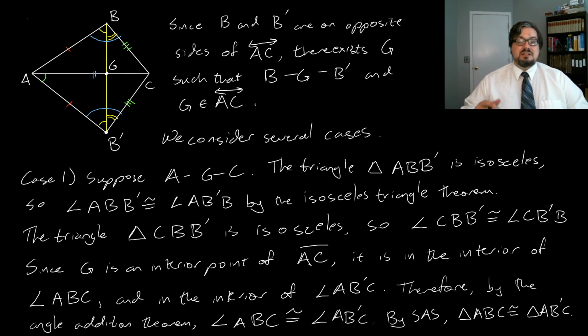We could have that G lies to the left of A, so that A is between G and C. We could have that G lies to the right of C, so that C is between A and G. Or we could have that G is equal to A, or G is equal to C. So there are actually 5 different places that a point on a line could be relative to 2 other points. So let's consider some of those other cases.